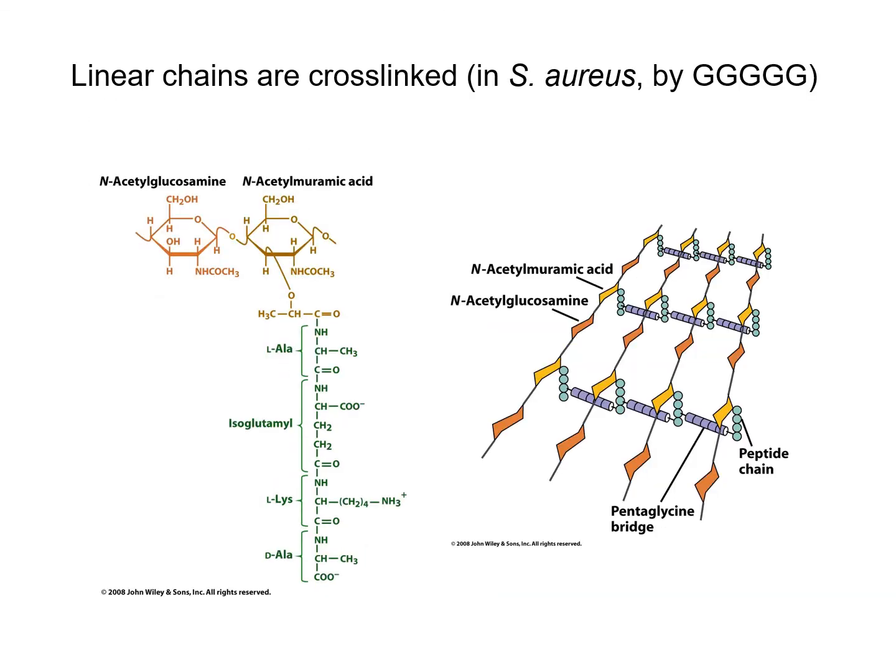So using these GlcNAc-NAM disaccharides, a linear chain of polysaccharide can be formed, which is also attached to these peptide chains. And the peptidoglycans can have a very rigid structure by cross-linking these linear chains. So this is an example of the peptidoglycan in Staph aureus. And as you can see, these GlcNAc and NAM disaccharide units form this linear structure.